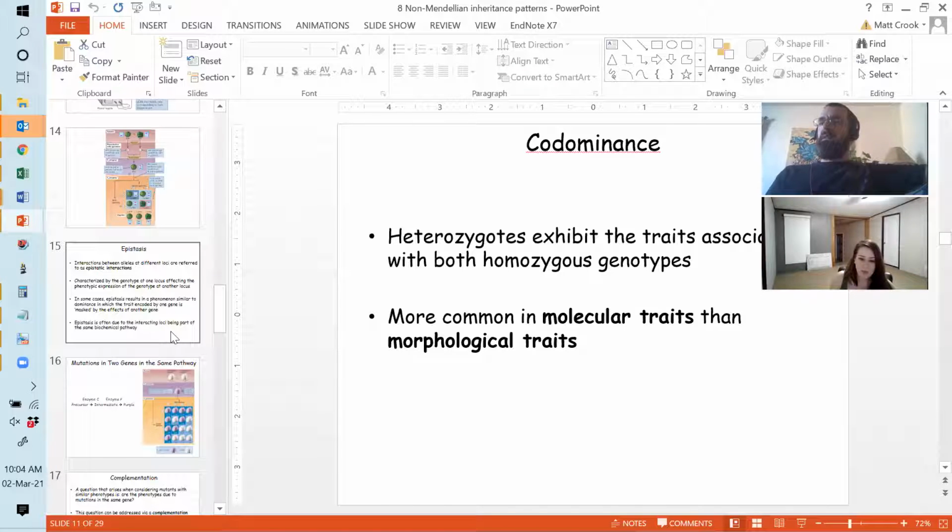trait. You know, so in this case of red blood cells, if you had other alleles that produced other antigens, you'd have an even more complex situation, right? Because all of those can be present at the same time. And so really the limit on how many you can have present at the same time is down to how many copies of the gene you have, right? Which is always 2.